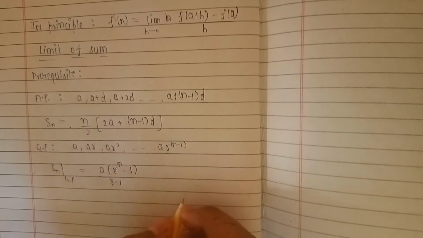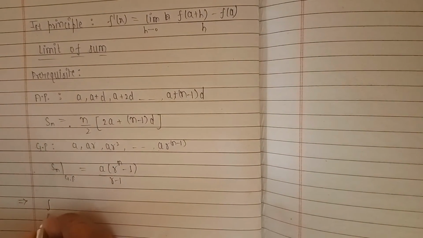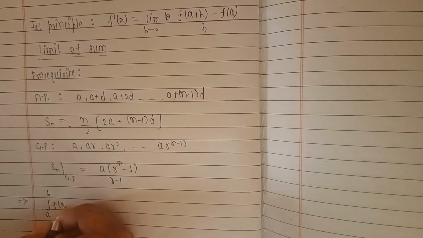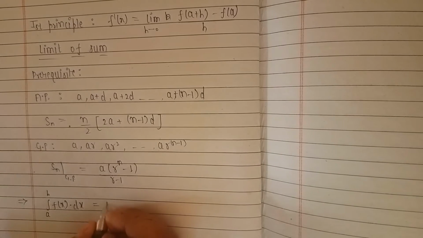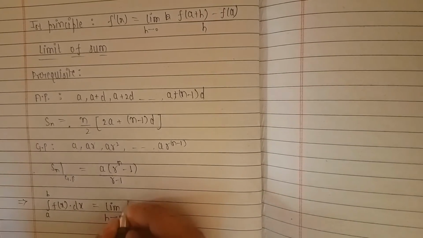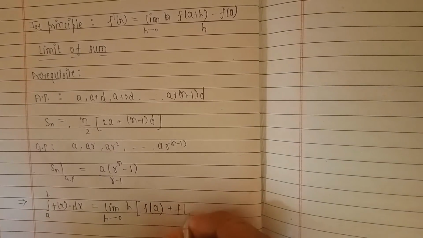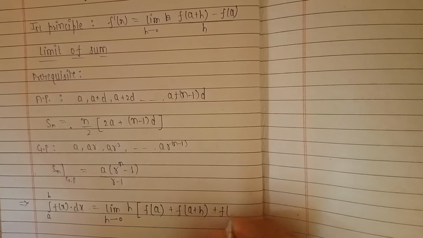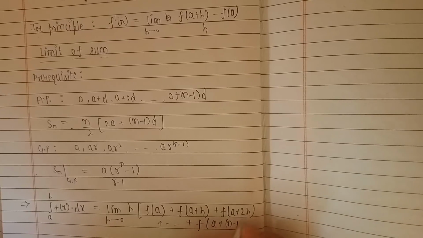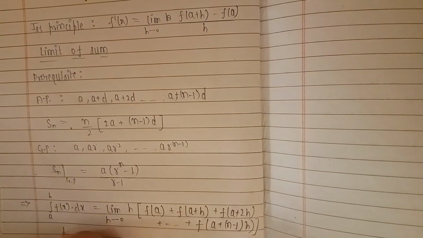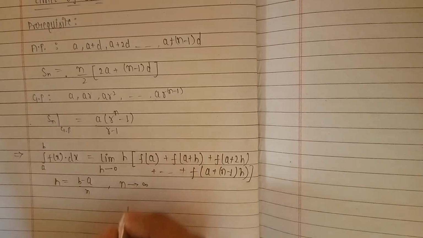Now let us get to know what the formula is. The main formula for the limit of sum is: integration of any function, let's say f of x, with respect to dx from a to b is equal to limit h tending towards 0, h times f of a plus f of a plus h plus f of a plus 2h up to f of a plus n minus 1 into h, where h equals b minus a upon n and n tends towards infinity.